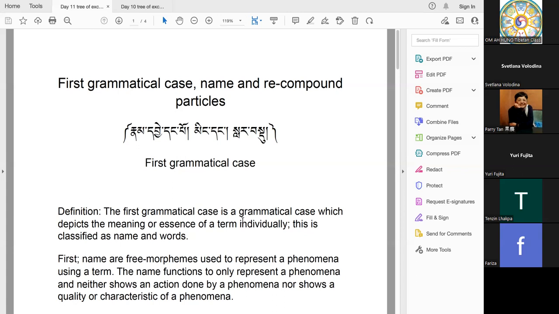It's just a single usage case. But the concept of name is the most difficult concept here. So therefore, we're going thoroughly with the concept of name and this first grammatical case.